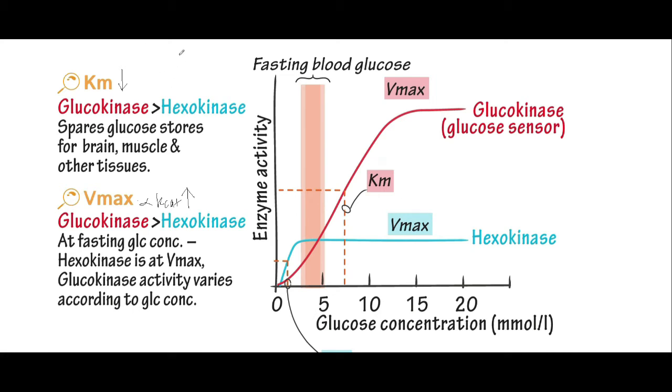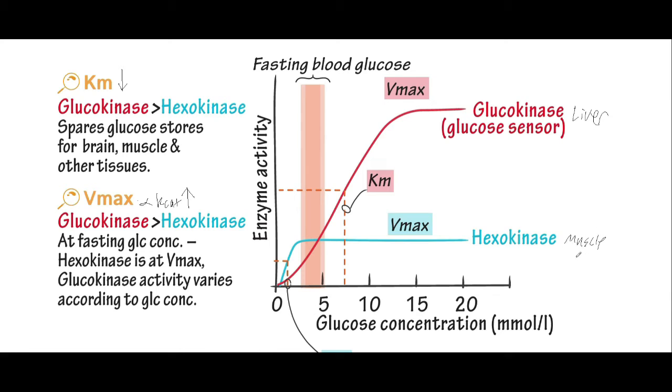But there are regulatory reasons too, and the canonical example is glucokinase and hexokinase. Glucokinase is found in the liver, and hexokinase is found in muscle.